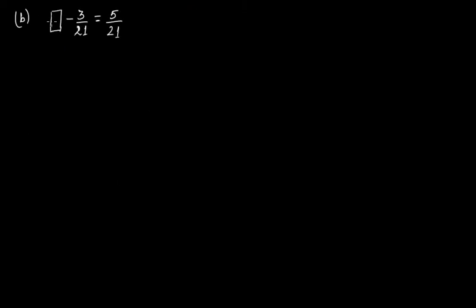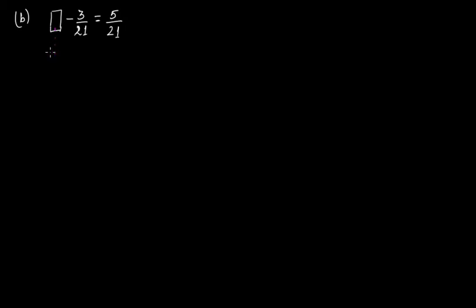In this case, the missing fraction is here, 3 by 21. Instantly assume that it's a like fraction, and in order for this fraction to be a like fraction to this one, it should have its denominator as 21.